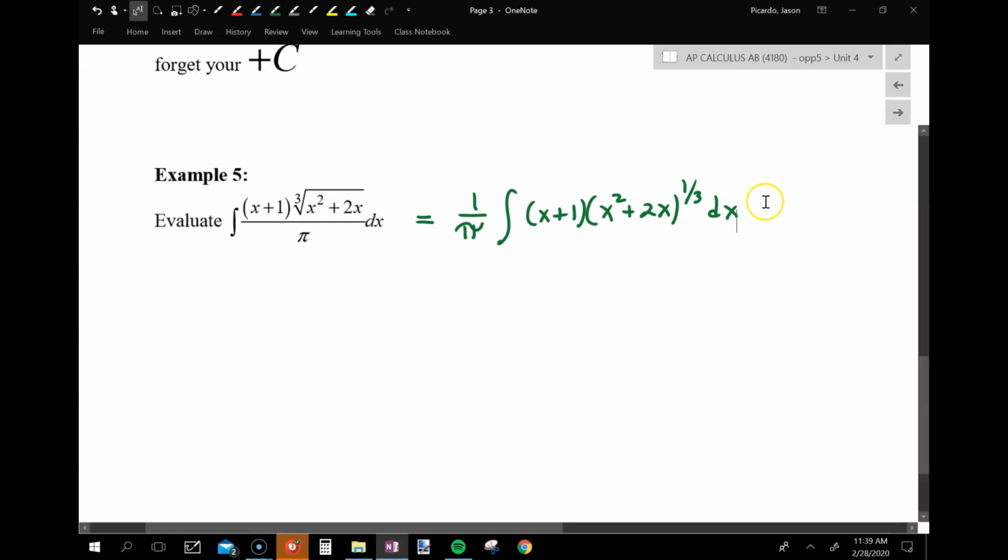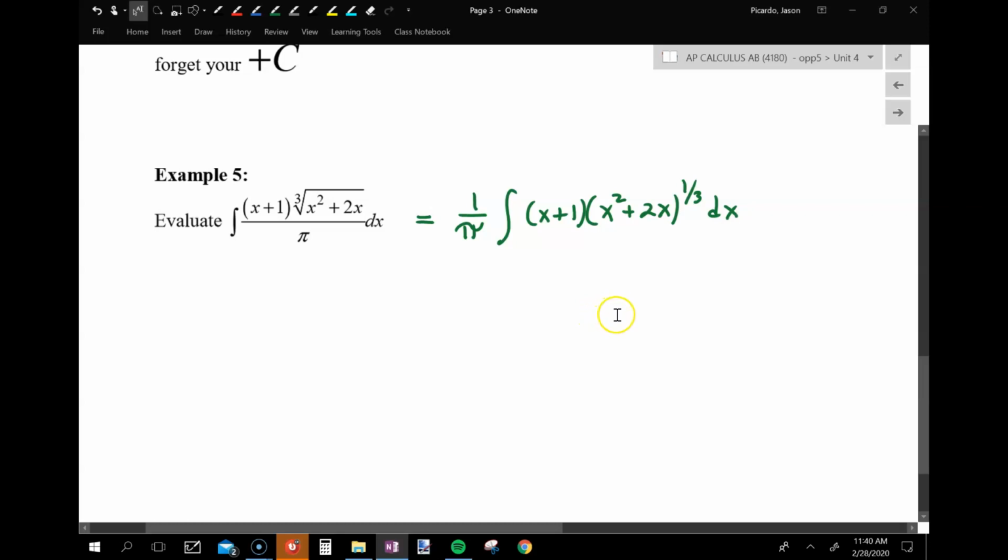What could I do here? Well, anybody want to reevaluate what you think your U value is going to be right now? x squared plus 2x. And why would you use x squared plus 2x? Because the derivative of that is 2x plus 2, and at least I have the right degree of the x value, right?